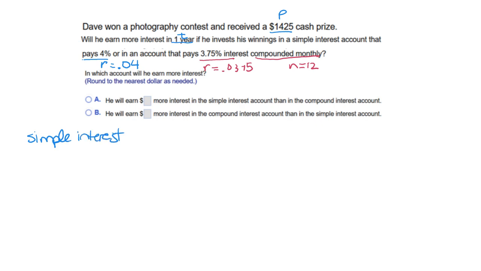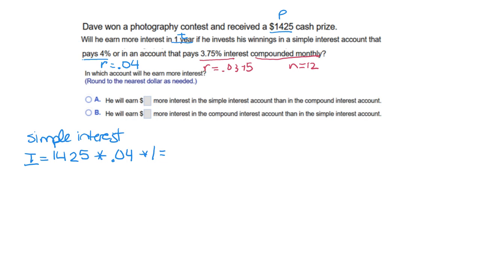For the simple interest investment, I is equal to PRT. So I is equal to the principal, 1,425, times the rate, which is 4%, times time, which was 1.